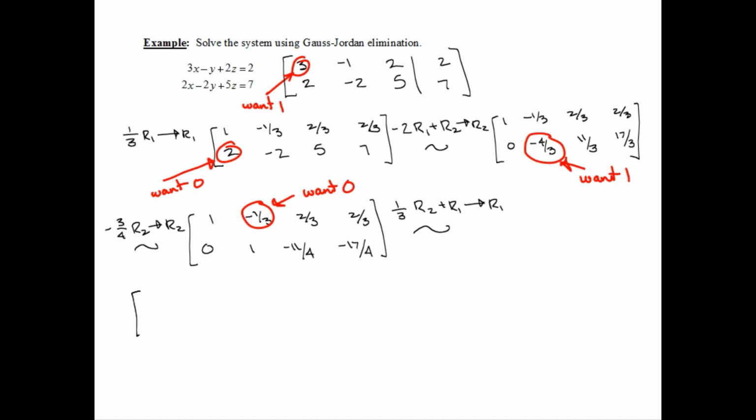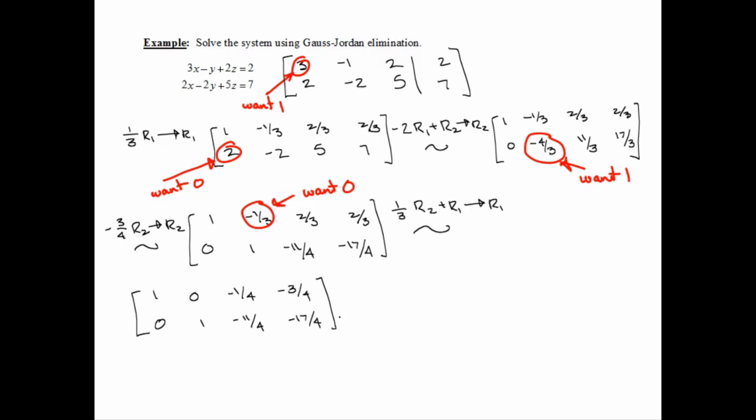When we do this, we should get 1, 0, negative 1/4, negative 3/4, and then we have 0, 1, negative 11/4, and negative 17/4.